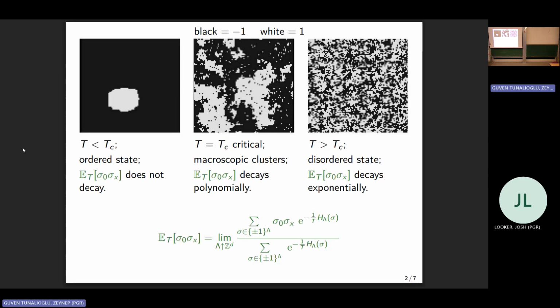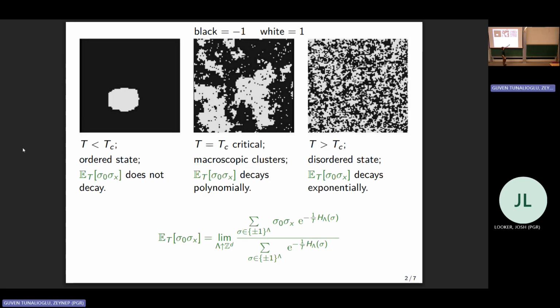For example, you might have some blob of spins pointing in one direction, and all the other spins pointing in a different direction. And if you look at this expectation, it doesn't decay as you set x to infinity. It will be either -1 or 1, or at least some non-zero constant, bounded away from zero.